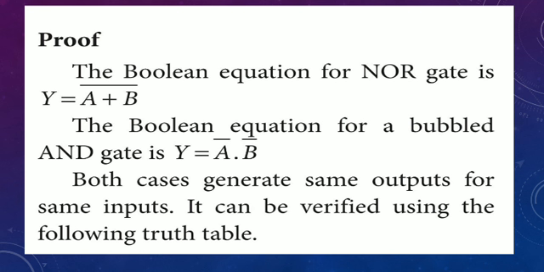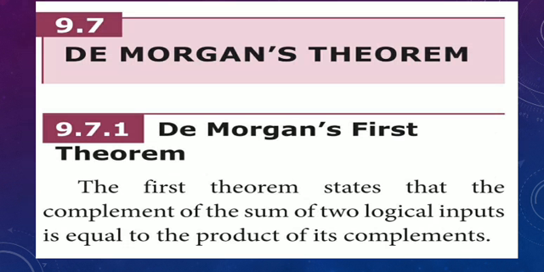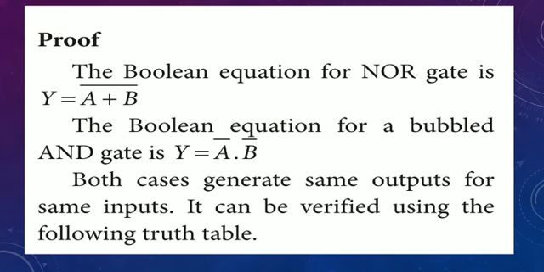So what is the theorem? The sum of the two logic inputs is equal to the product of its complements. So the complement of the sum is equal to the product of its complements. So both cases generate the same output for the same input. It can be verified using the following truth table. So with the help of the truth table we can verify the outputs, right?